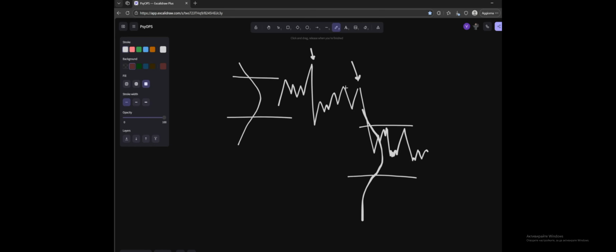Then the next day, maybe you have a POC, naked POC here, okay? Then on the next day, you see a profile like this, okay, that tests this area and reject. Now, if you are a monkey without capabilities of thinking that wants to have rules, in this case you will think, but the POC is higher. Okay. But if you understand the context, you understand that you are higher on the single day, but in a multi-day distribution.